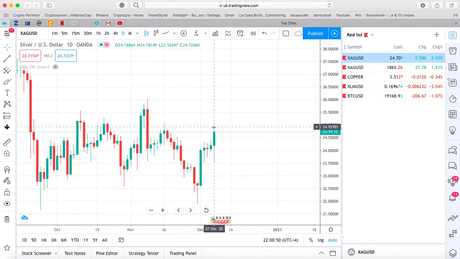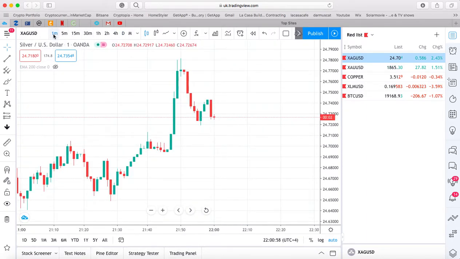Once you open this, the next thing you want to know is the time frame. A time frame of 1 minute means this candle represents 1 minute. Right now it's 10 p.m. in this part of the world, GMT plus 4. So this candle here opened at 9:59, and this was the price it opened at, 24.7428, and after 1 minute it closed down at 24.72.